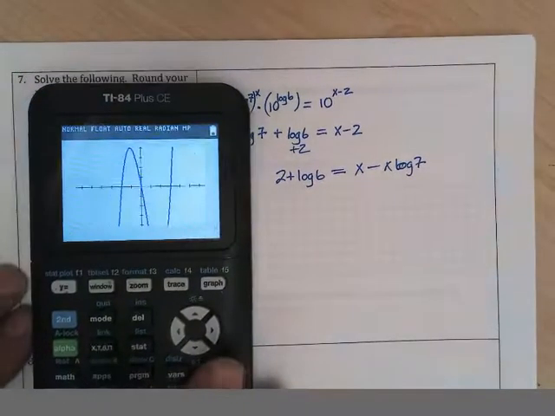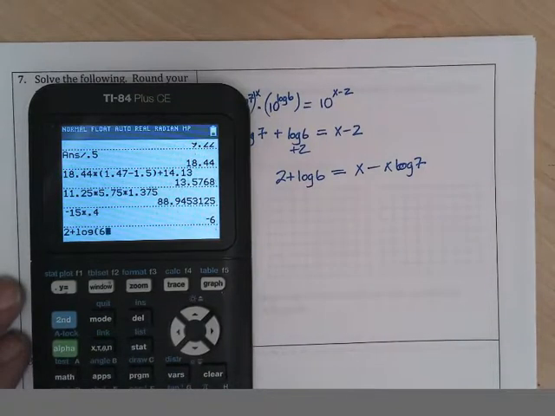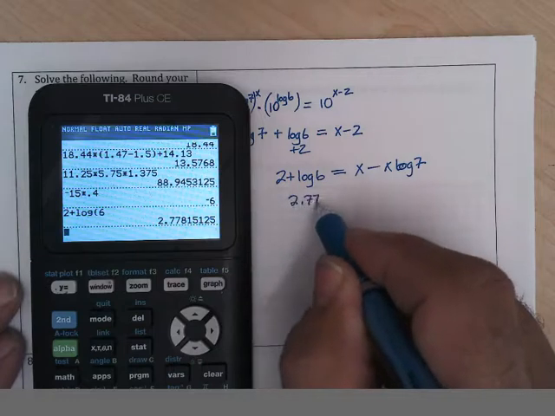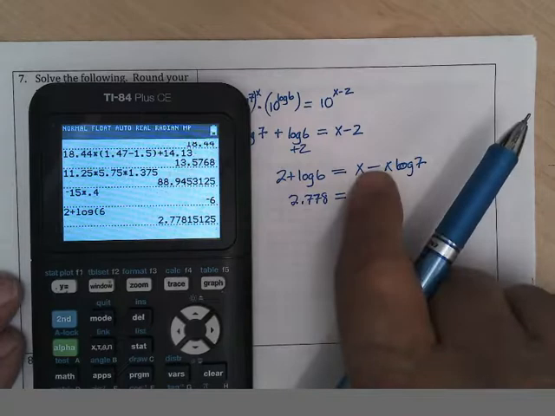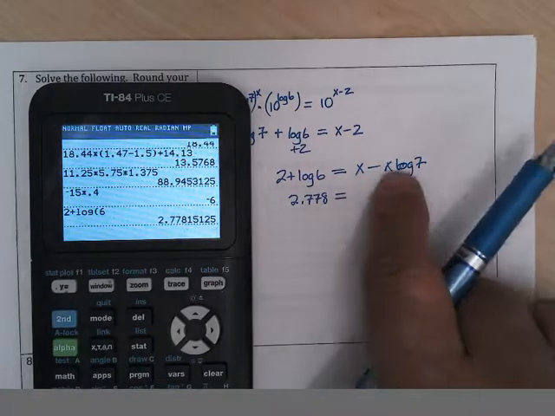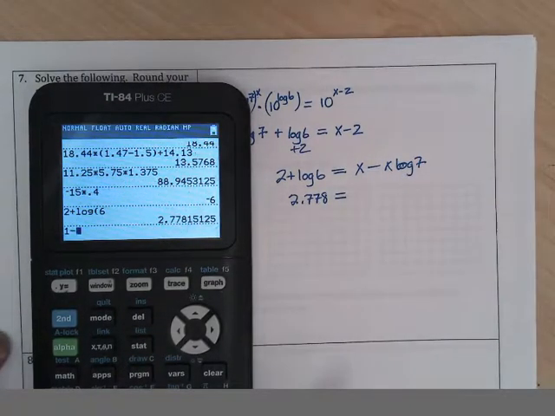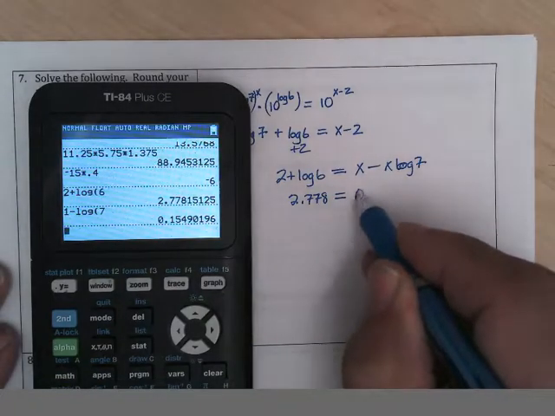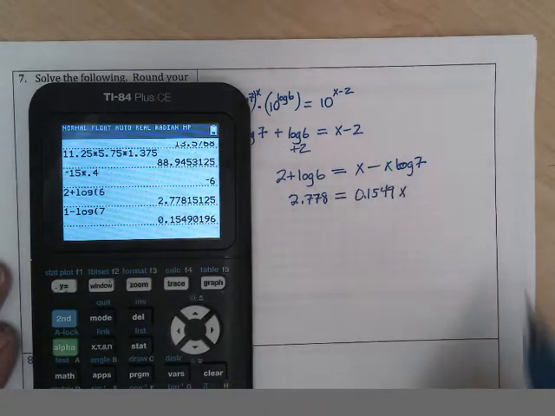On my calculator, 2 plus log 6 is 2.778 equals, and I've got 1x minus log 7 x's, so 1 minus log 7 is 0.1549x.